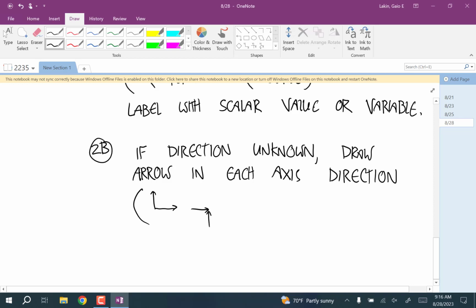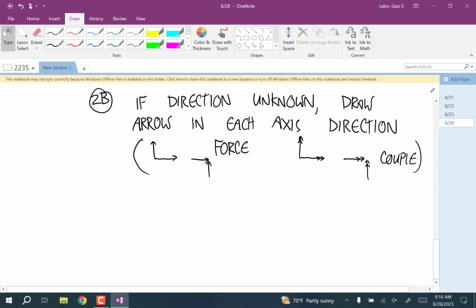It doesn't matter which one you do, but that would be for a force. If it's in 3D, you have to show all three. And a couple would be like you would imagine, just these components, these axis directions have double heads. And this you have to label with a vector value or variable.